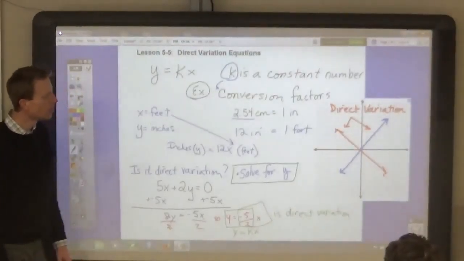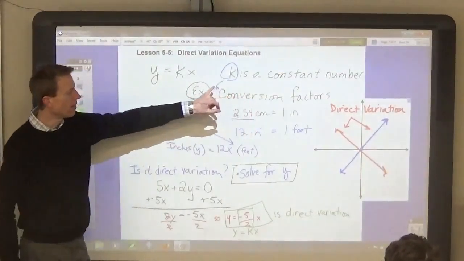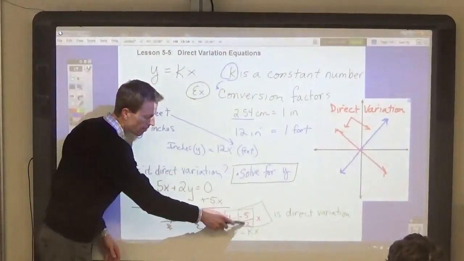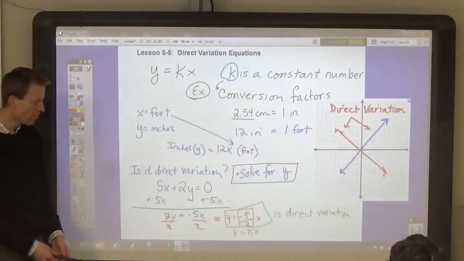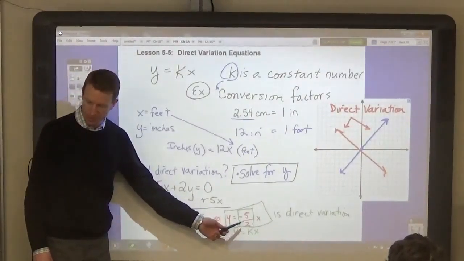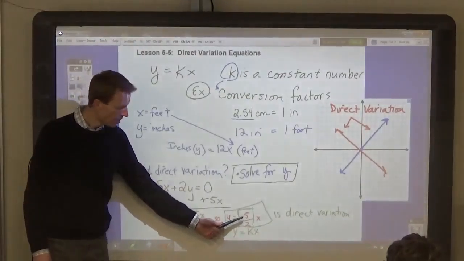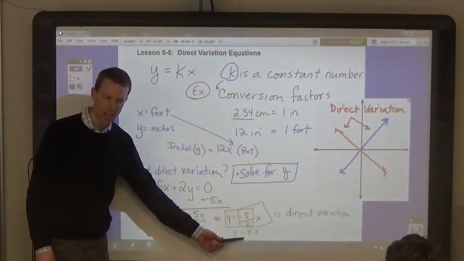And it uses a term, the constant of variation, the letter k, which is the number that's the coefficient of x. So what is the coefficient of x in this example? Keisha, what's the coefficient of x? Negative 5 over 2 is k.